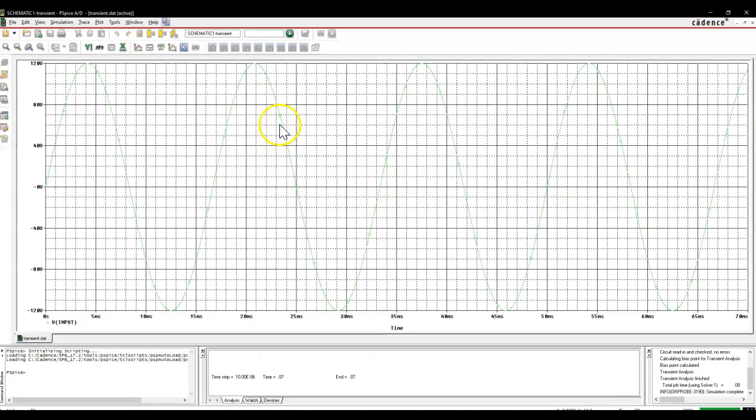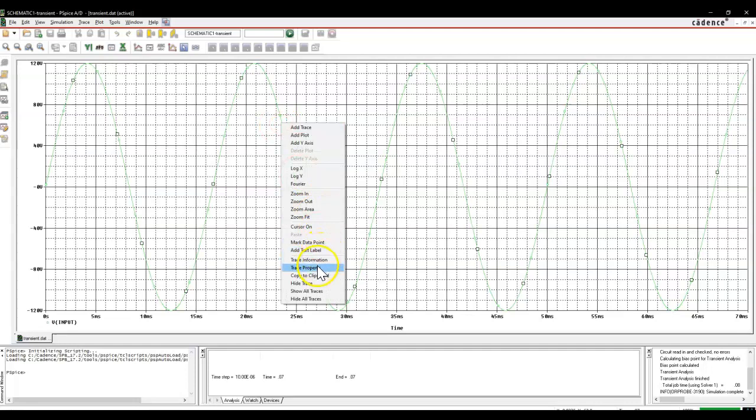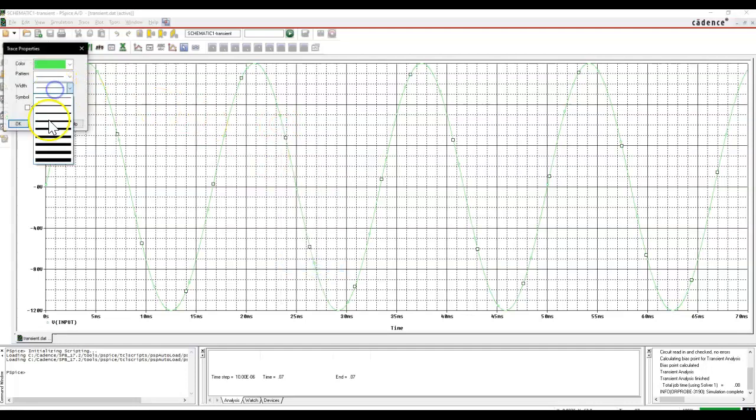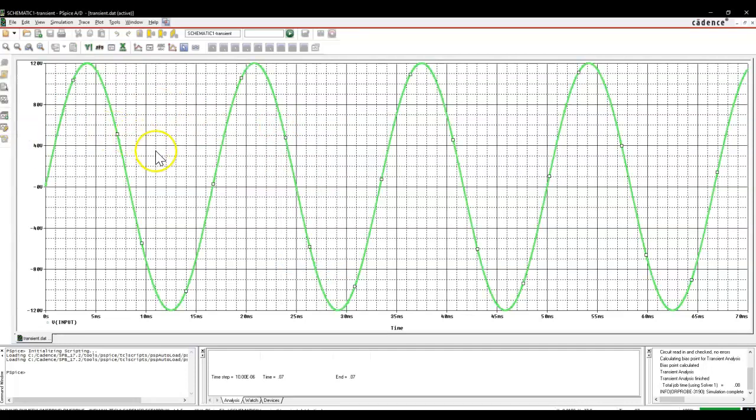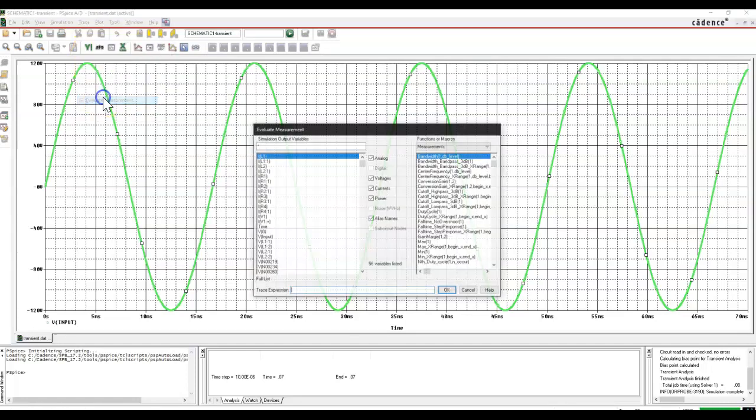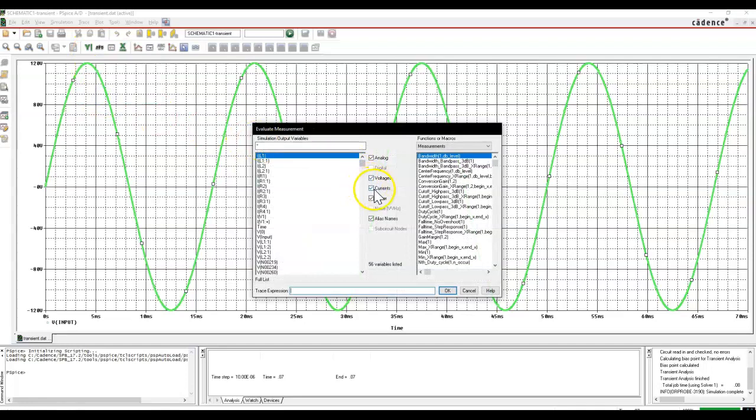So we go back here. Yeah, it's the same graph. I'll thicken the trace property up here again. All right, if I go to trace and then evaluate measurements, I'm going to turn off currents and power for now because I'm just going to look at voltage.